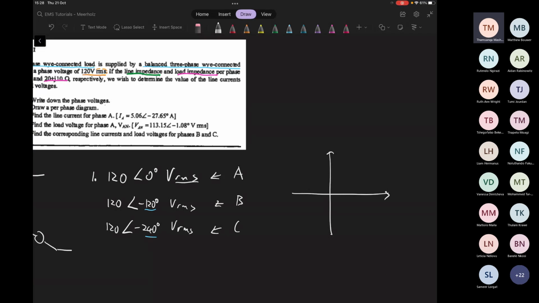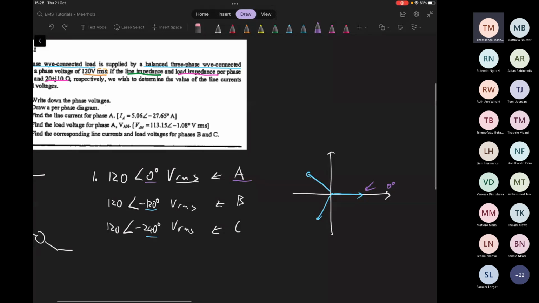The main important thing is the difference between them, because they rotate and can be anywhere. We can set phase A as our reference, 0, and keep it at 0 because they all rotate together, so we can analyze their relations by keeping it stationary.